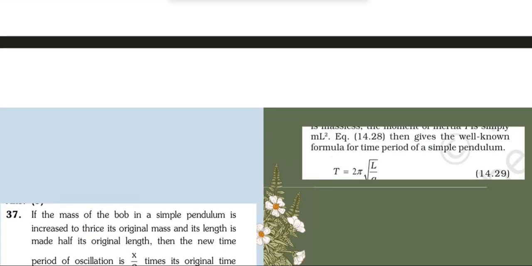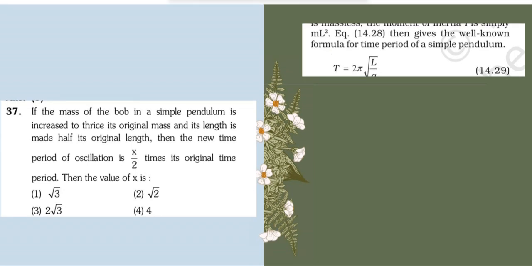And similarly, just look at this. This is based on the time period of a simple pendulum. This is one standard formula. Here in this question, they gave like this: mass increased by 3 times, so the mass of the bob will not affect the time period. You need not bother about this increase in mass, but length is made half.